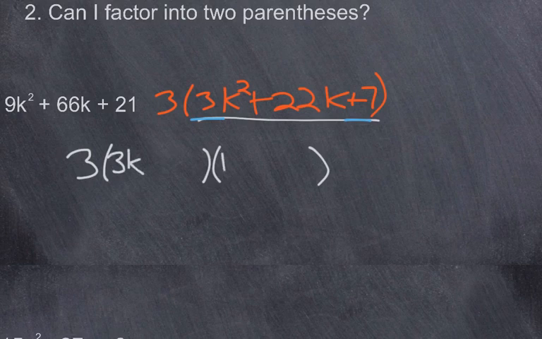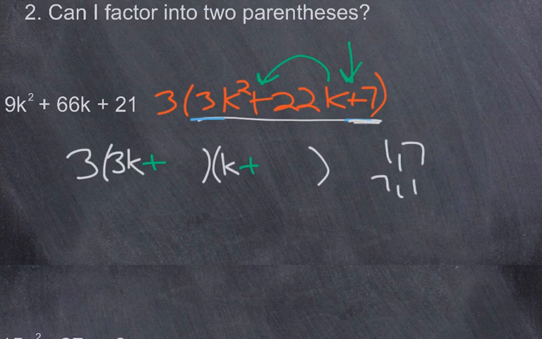So 3k and 1k. And now we think about our symbols. That's a plus, which means same. The two symbols are going to be the same. I look here and go, oh, they're going to be two pluses. Now on the back side, my only combinations to make 7 are 1 and 7, or 7 and 1.